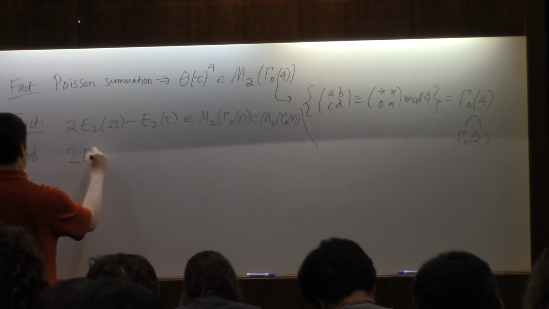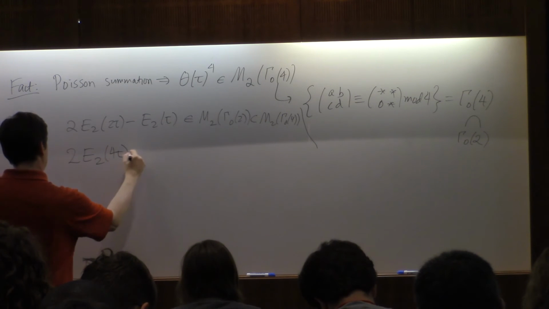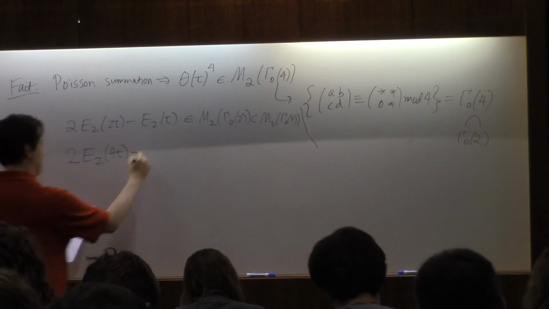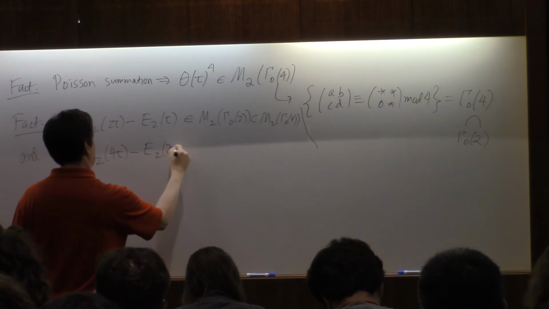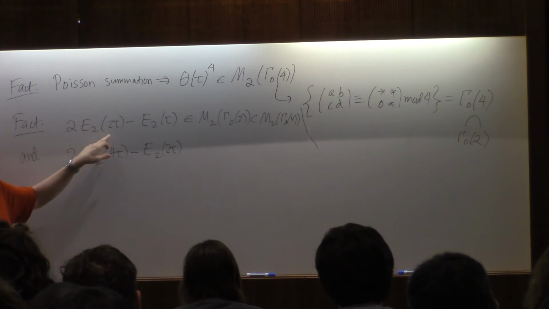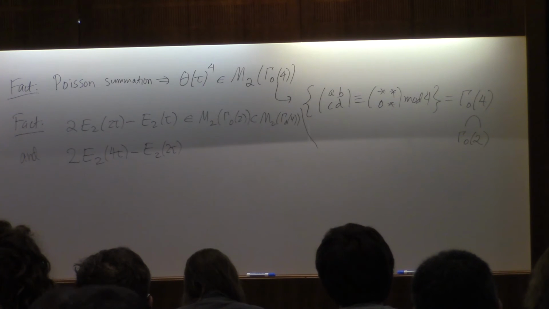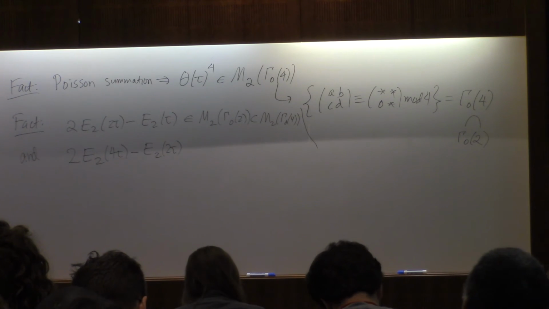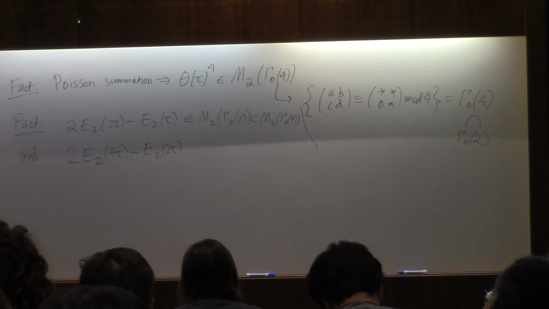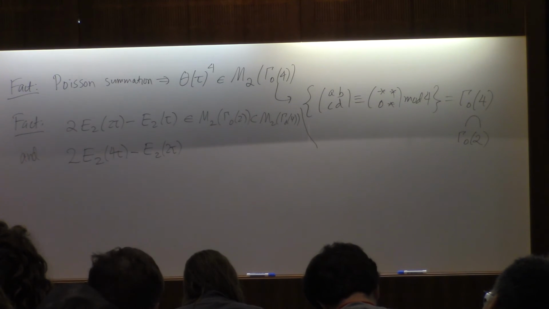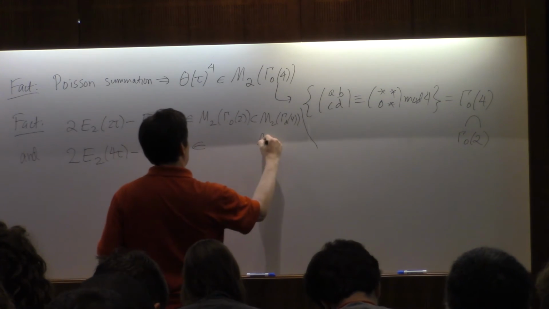Here's another example: 2e2 of 4 tau minus e2 of 2 tau. So essentially, it's this guy where you replace tau with 2 tau everywhere. You just double the tau in the modular form, which means in the q expansion, you're replacing q with q squared. So this is also in this space.